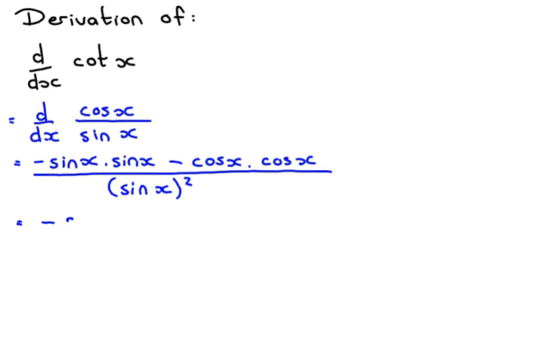That gives me negative sine squared x minus cos squared x all over sine squared x.